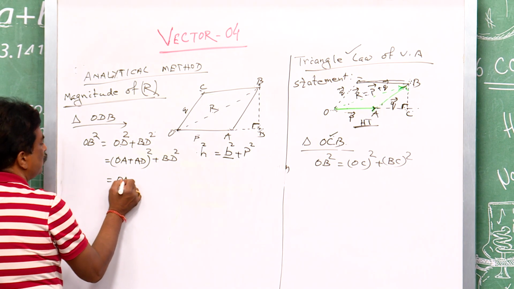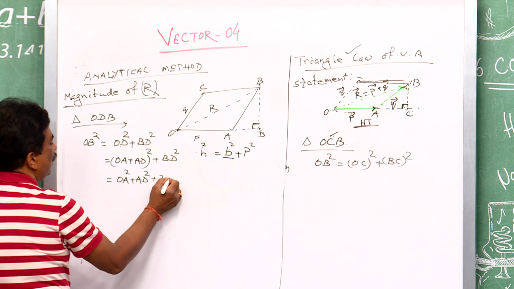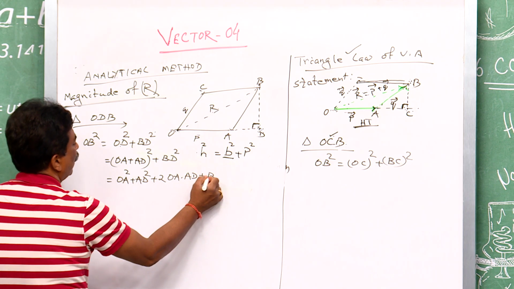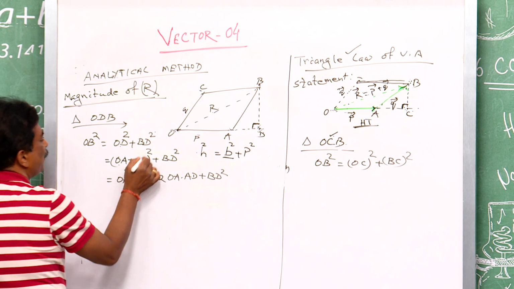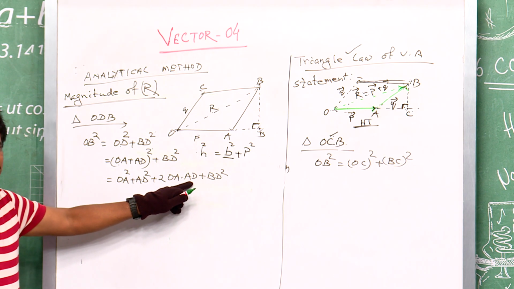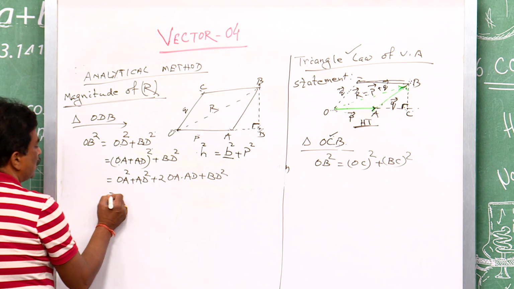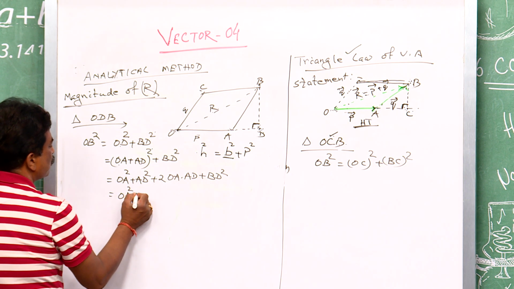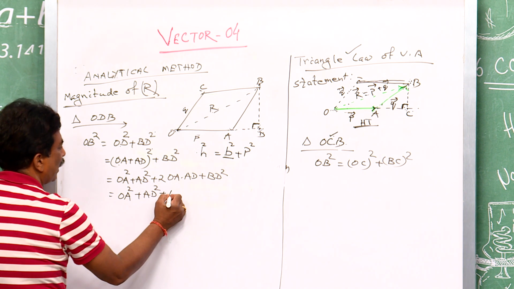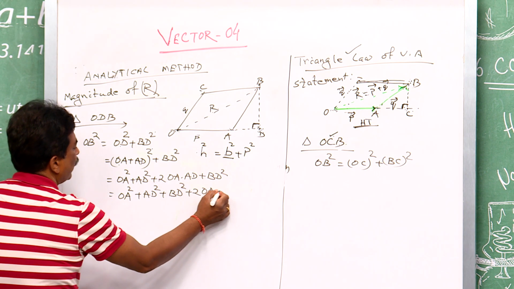So this is equal to OA square plus AD square plus 2 OA into AD plus BD square, because A plus B whole square is equal to A square plus B square plus 2AB, and BD square will remain as BD square. And just rearrange: OA square plus AD square, take BD square here, BD square plus 2 OA into AD.